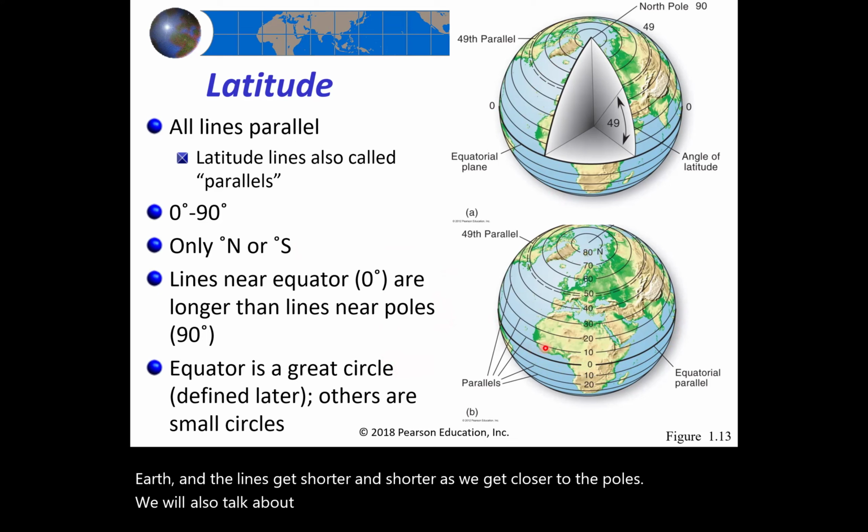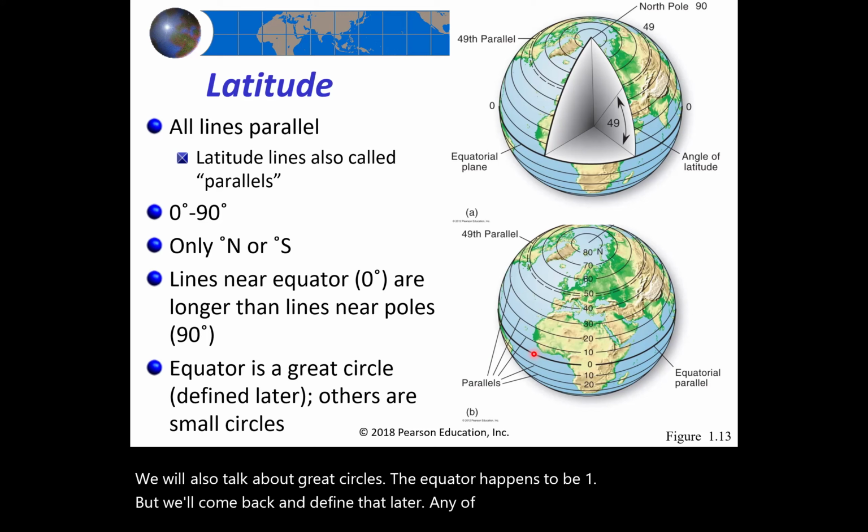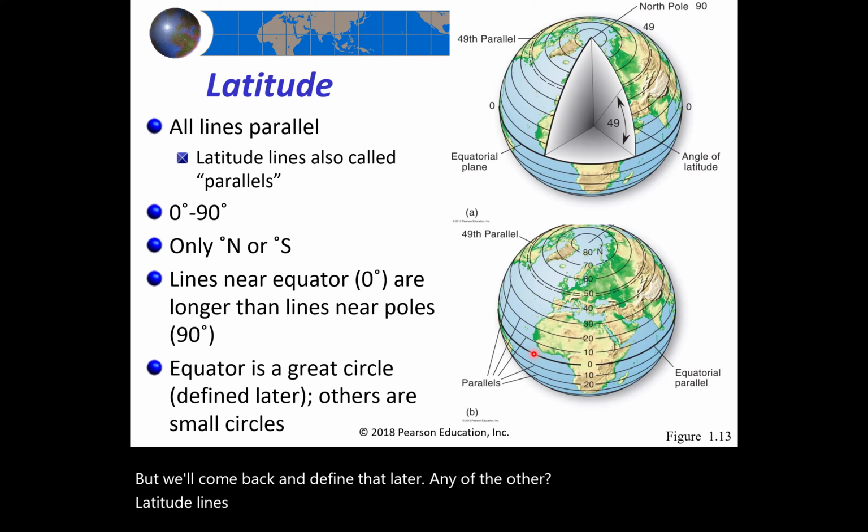The equator happens to be one, but we'll come back and define that later. Any of the other latitude lines are considered small circles. But again, we'll come back and define that in a minute. So those are latitude lines. They also run east and west. So if I'm walking along a latitude line, I am walking either to the east or to the west.